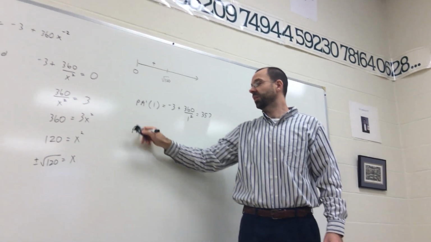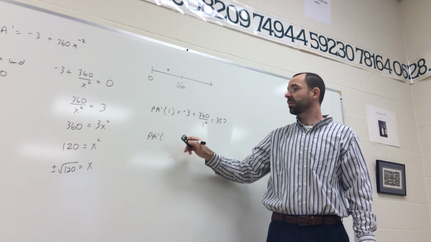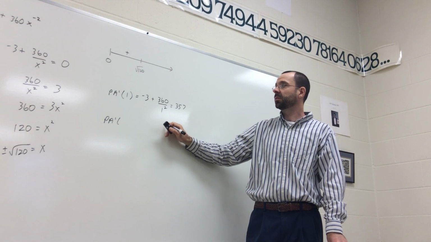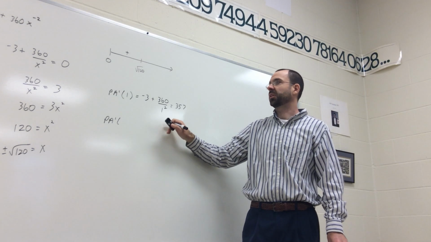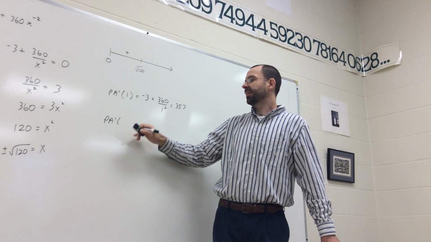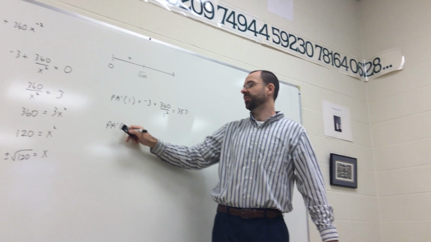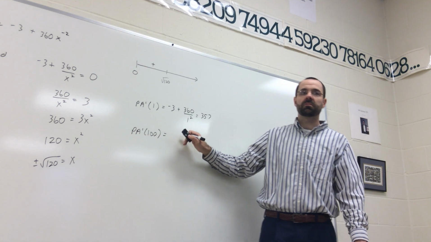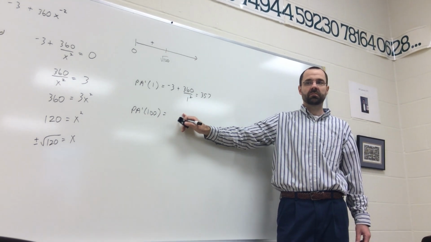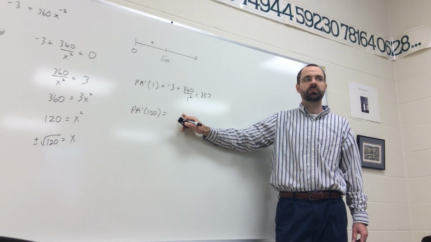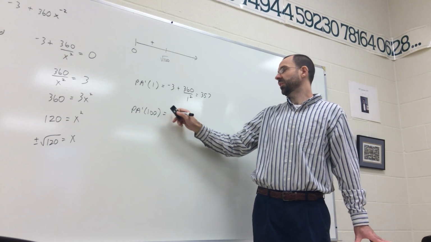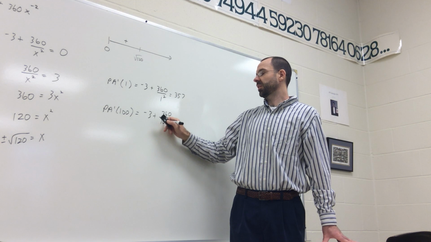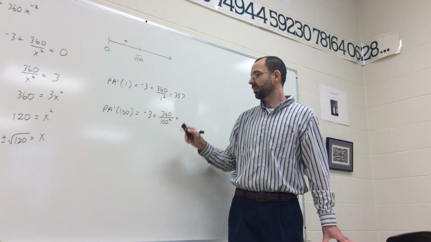And then printed area prime at, I just have to make sure I'm bigger than the square root of 120. So I guess I'll go with, I think 100 is bigger than the square root of 120. So negative 3 plus 360 divided by 100 squared.